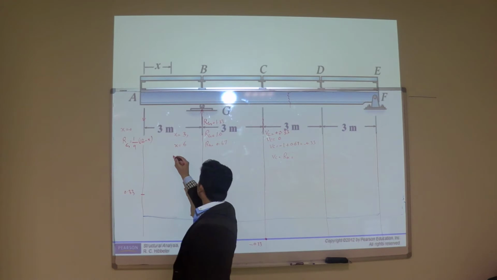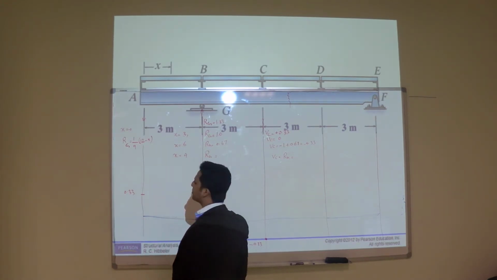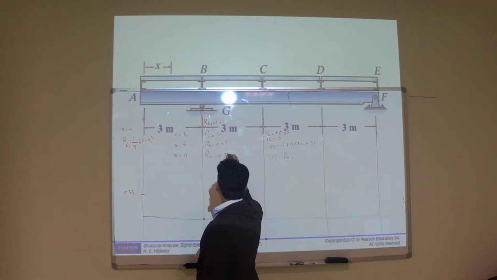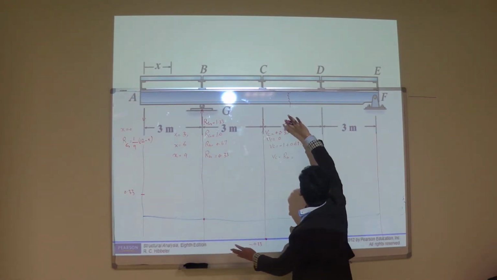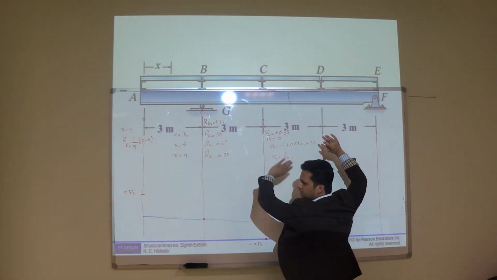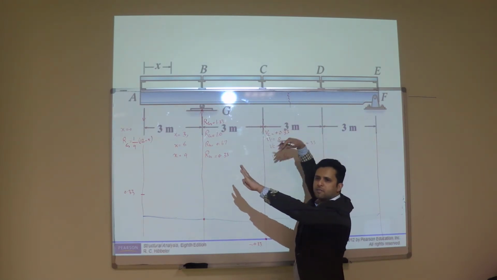When x is 9, how much will be RG? 3 over 9, 0.33, 1 over 3. Now the load is at point D, but we are considering our section on the left side, so the load is not in our section.